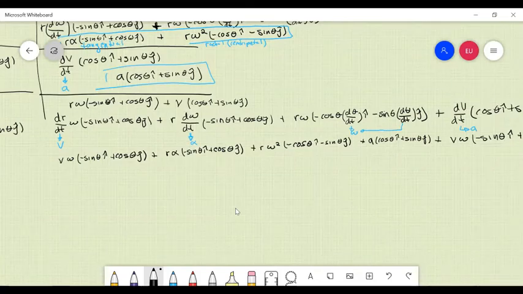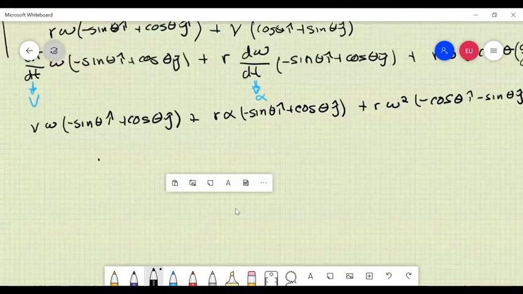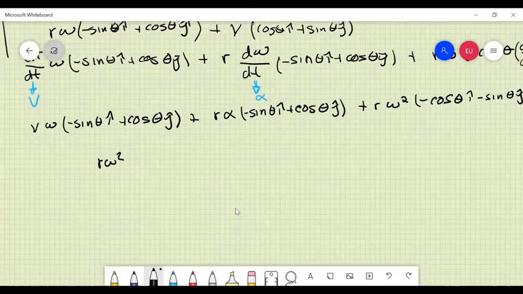So I end up having r omega squared minus cosine plus sine. No, this should be minus, sorry. Minus sine. Okay.